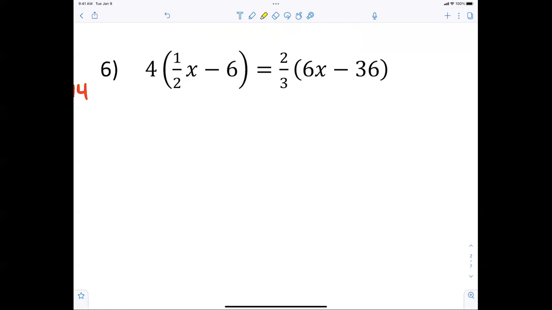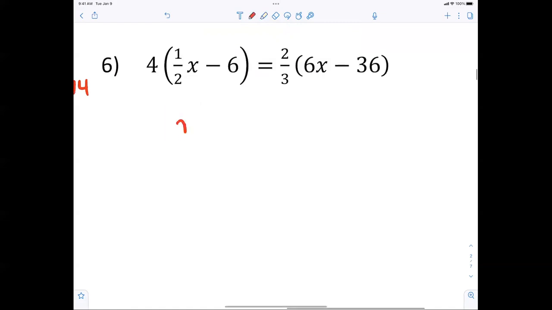Everybody try distributing while Sophia tells you the answer. 2x minus 24 equals 4x minus what? I didn't hear you. Divide by 3 first. What's 36 divided by 3?